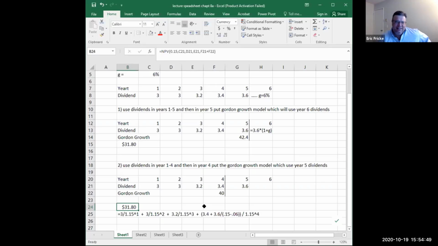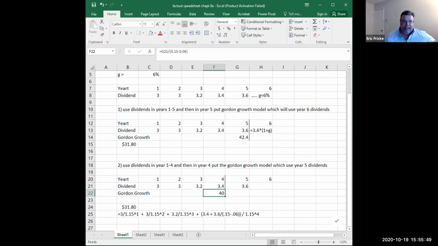So the main thing you should remember is that you can't put in your Gordon growth model a period sooner than the constant growth starts, right? As soon as the constant growth starts, you have to, at a minimum, forecast out that far, okay? And that's why in this bottom model here, the Gordon growth model uses the period 5 dividends, because that's when the constant growth starts.